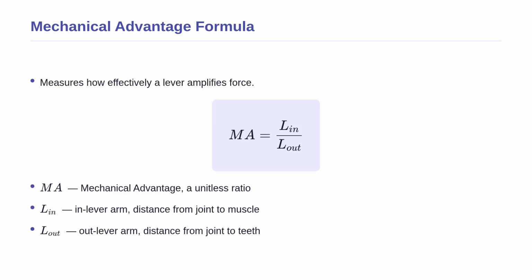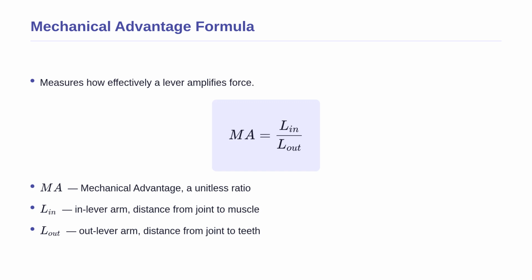To quantify how well this biological lever works, we use the concept of mechanical advantage. Conceptually, this tells us how effectively a lever amplifies the force put into it. The formula is Ma equals L in divided by L out. Here, Ma is the mechanical advantage, which is a unitless ratio.